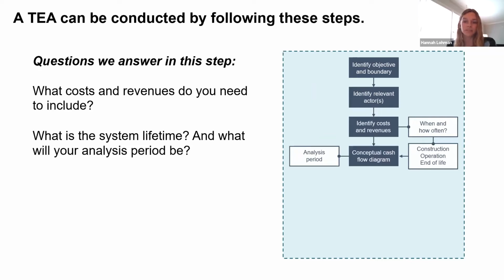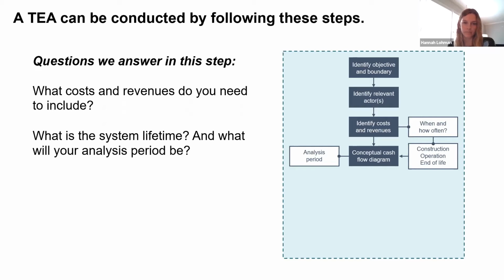And then the next steps are to identify the costs and revenues. So you already outlined what you'll be including and excluding, and now you need to come up with the detailed costs. And so here we want to think about what costs and revenues we should be including in each step of the life cycle. And then you also want to think about the system lifetime and analysis period.